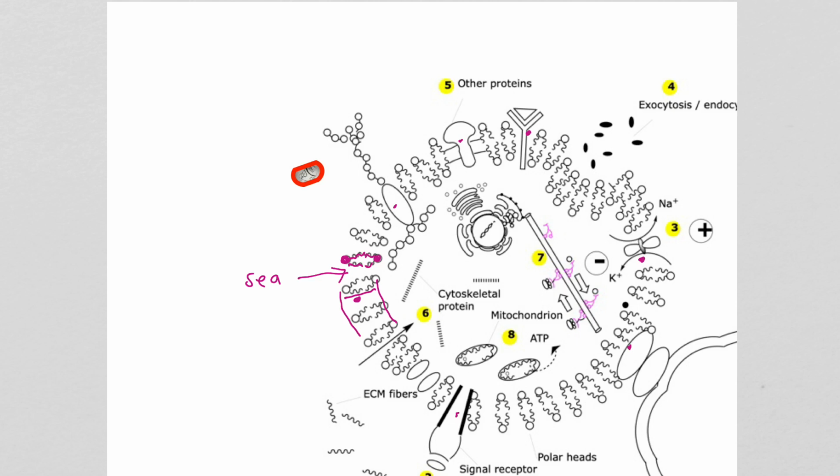Some of these proteins you can see are quite mobile. They're moving around, while other proteins are more stationary. There are many, many different types of proteins that you can see sticking out of the plasma membrane. Just draw some arrows to show that.